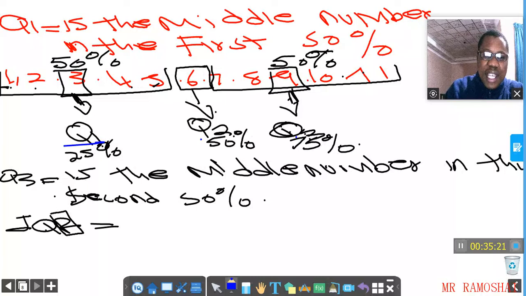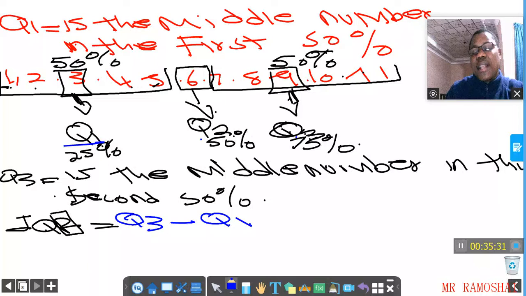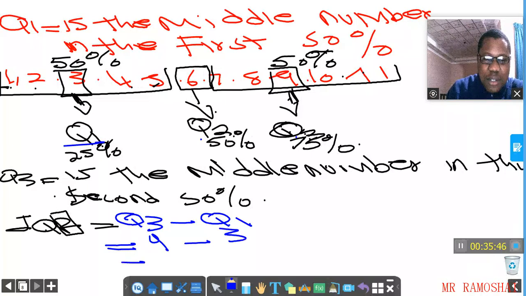So here let's check, what is the maximum quartile? It is quartile number 3 minus the lowest quartile, which is quartile number 1. This is how we calculate the interquartile range. Let's see how much our interquartile range is. It is going to be 9 minus 3. That means our interquartile range is 6.